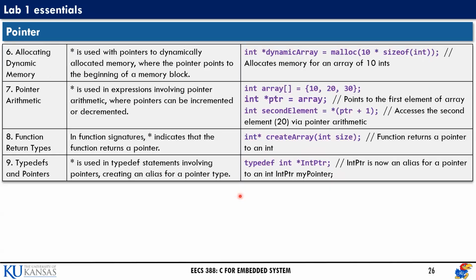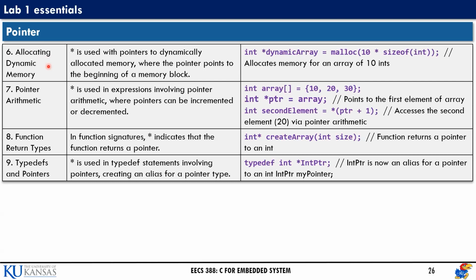Now we have 3 other use cases of pointers. We can use the pointer for allocating dynamic memory. Dynamic memory allocation in C is used for various reasons, and it is one of the core aspects of the language that provides flexibility and control over how memory is used during the execution of a program.